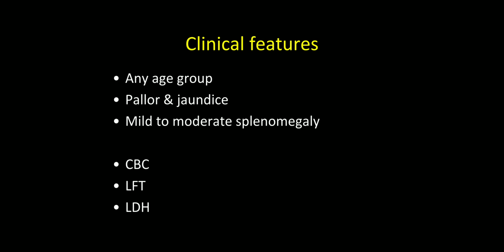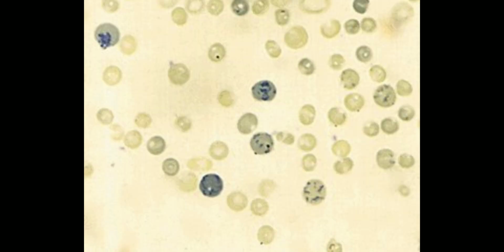What is LDH? Lactate dehydrogenase. It is usually raised when there is lysis of any cells. So here everything will be elevated. And what are these? These are all Heinz bodies. Those multiple blue dots are all Heinz bodies, a part of the hemoglobin disintegration.